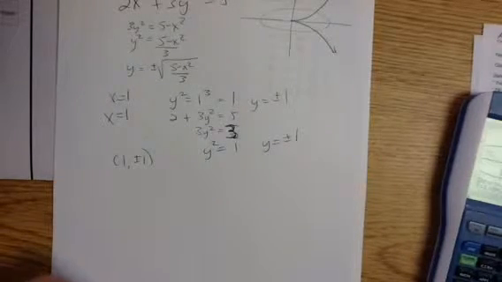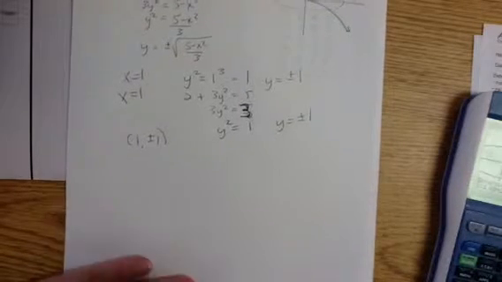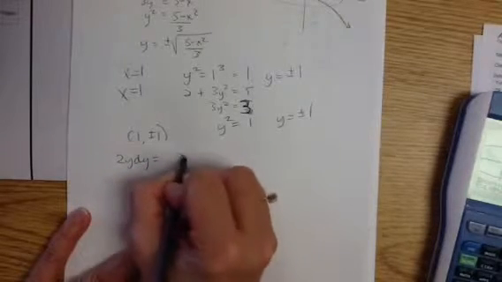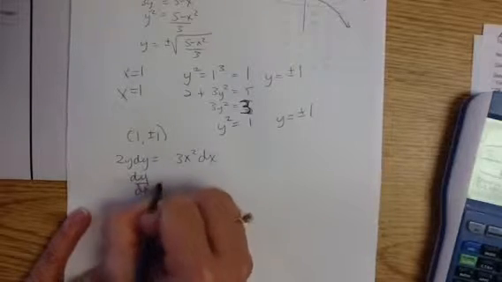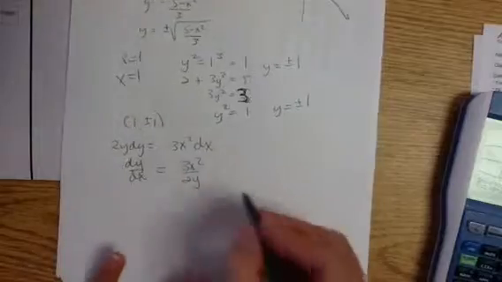And so now what I need to do is find out what those derivatives are. So I'm going to take 2y dy equals 3x squared dx. Solve for dy over dx, and I get 3x squared over 2y.